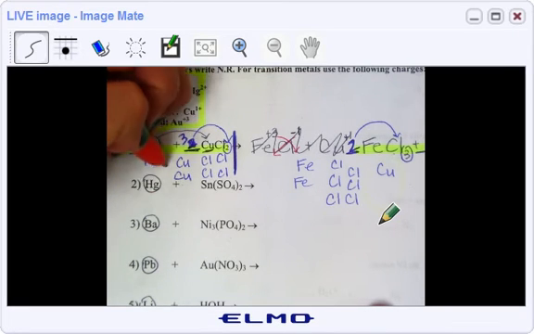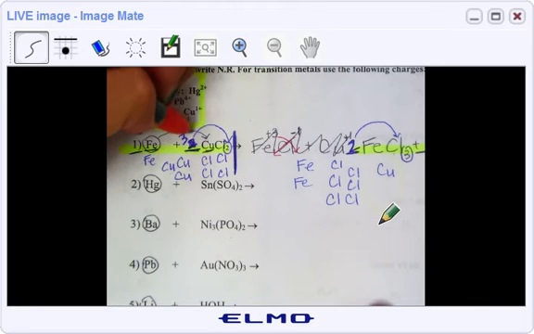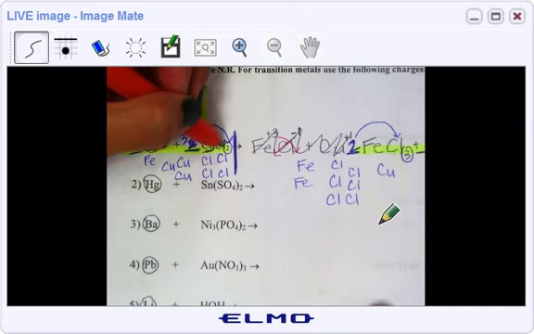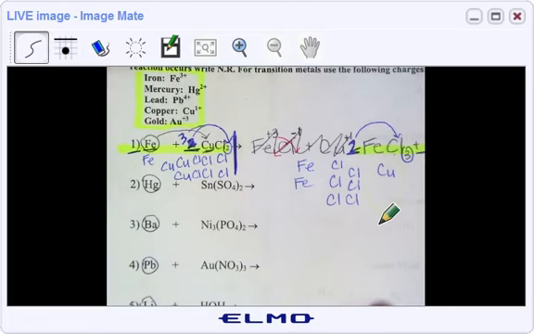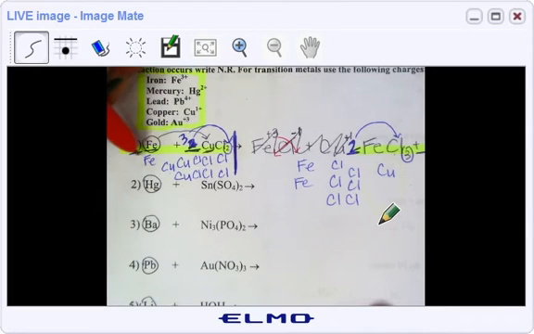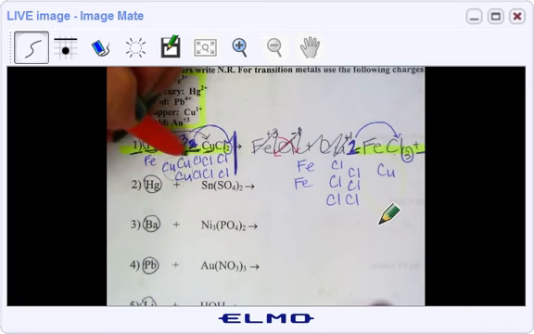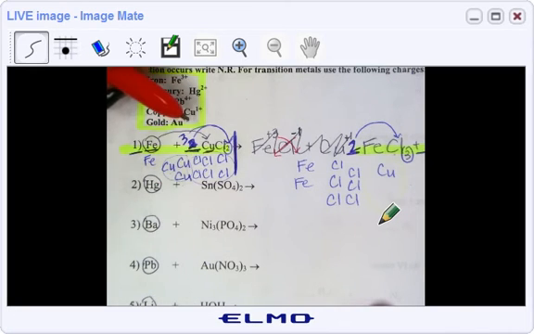So how many coppers do I have now? 3 coppers, and how many chlorines? Because chlorine has the subscript attached to it, you do 3 times 2. So now I have, on this side, 1 iron, 3 coppers, 6 chlorines.